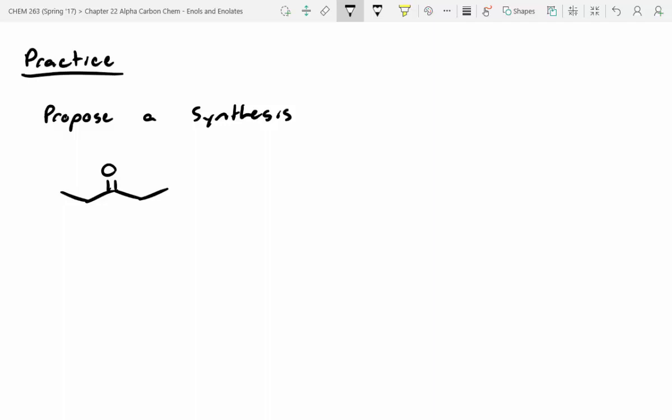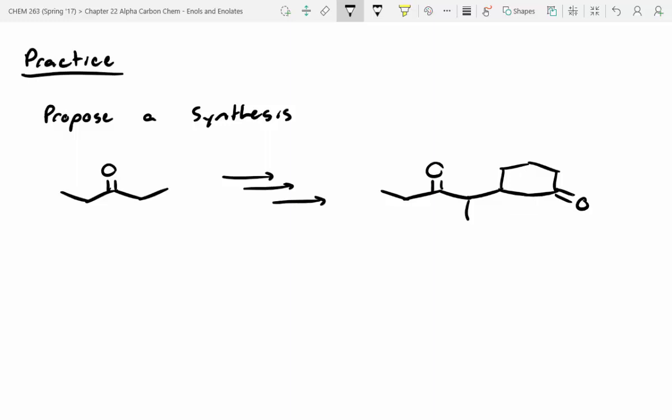So we're going to start out, what would that be, 3-pentanone? And our goal is to make this compound. And you can use any reagents that you want, but you have to start with 3-pentanone.